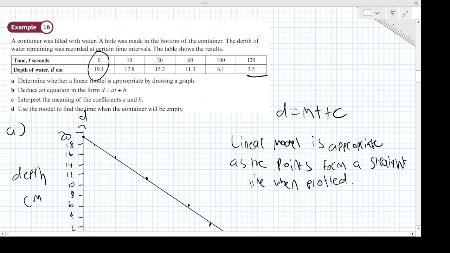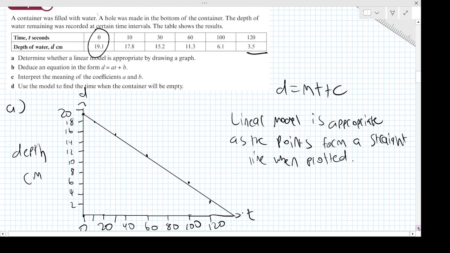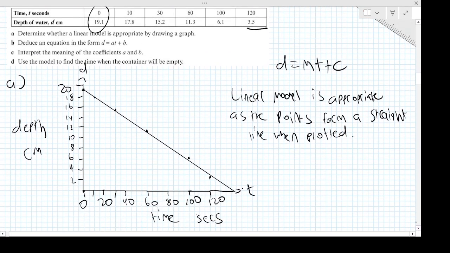So firstly, this is the point 0, 19.1. So the coordinate is 0, 19.1, because remember t comes first on the t-axis. That's when t is 0, then d would be 19.1. Then the other point, let's say take this one, that's when t is 10, and d would be 17.8. So we've got 2 points then, okay?